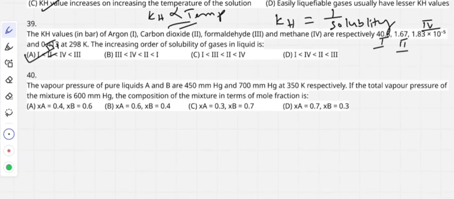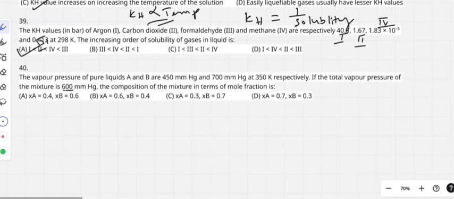The vapor pressure of pure liquids A and B are 450 mm of mercury and 700 mm of mercury at 350 K. If the total vapor pressure of the mixture is 600 mm mercury, the composition of the mixture in terms of mole fraction is? This question is based on Raoult's law of liquid-liquid mixture.